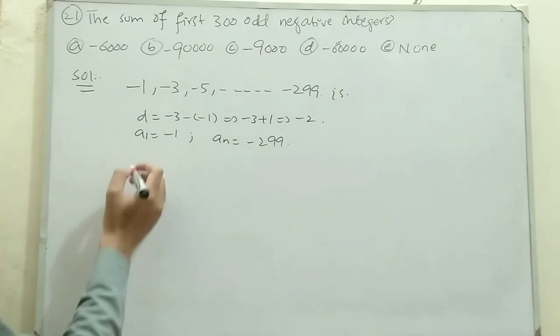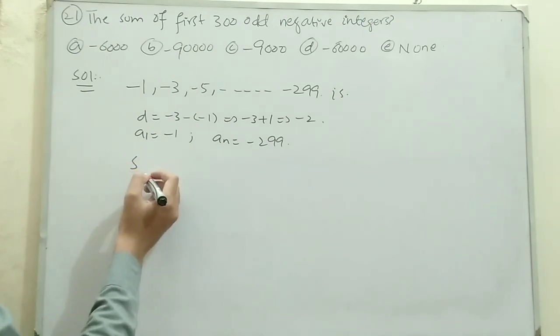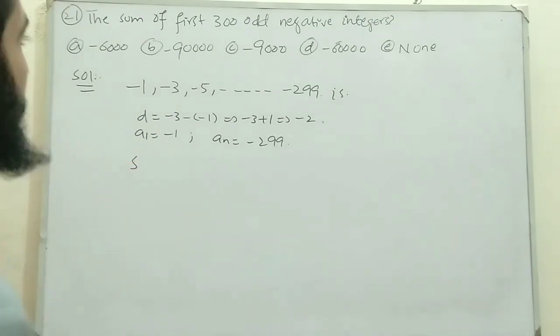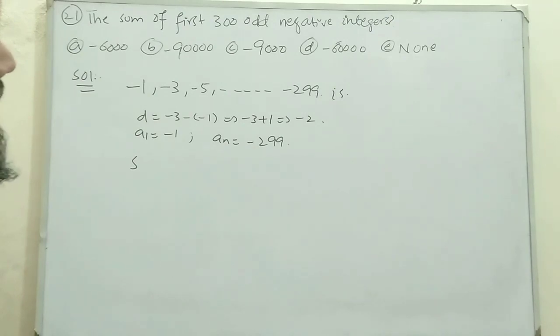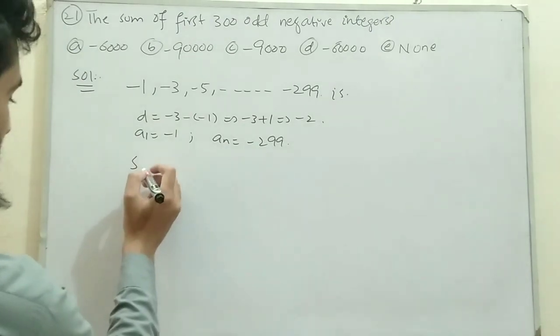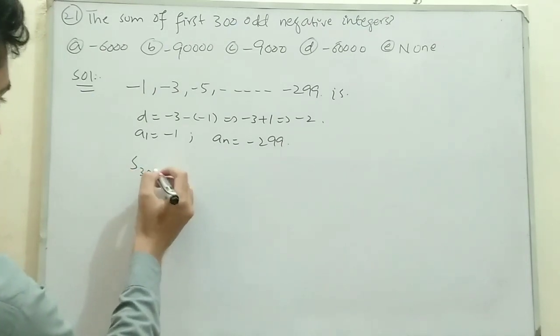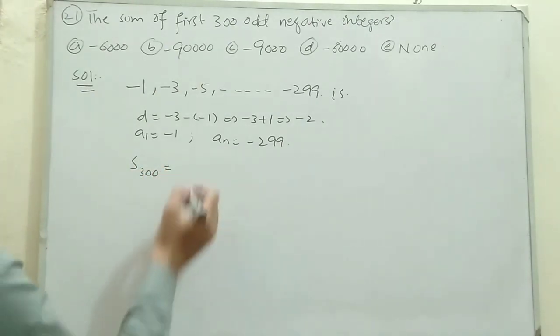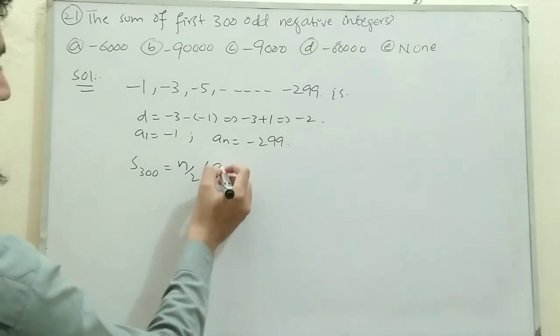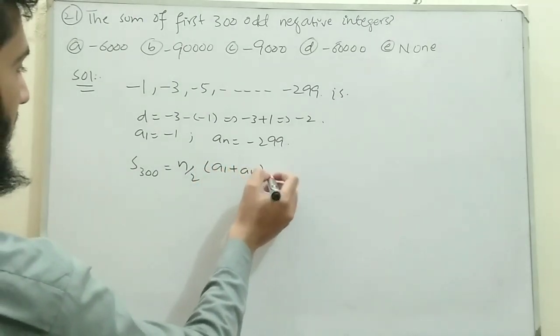Now we are going to find the sum of the first 300 odd negative integers. The sum will be n divided by 2 times (a1 plus an).